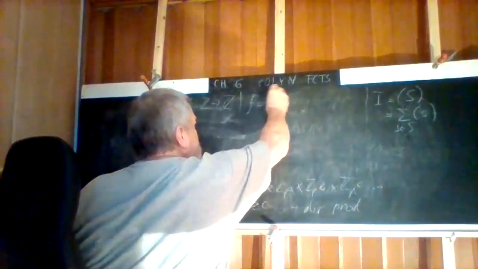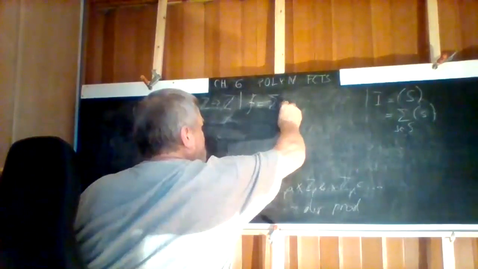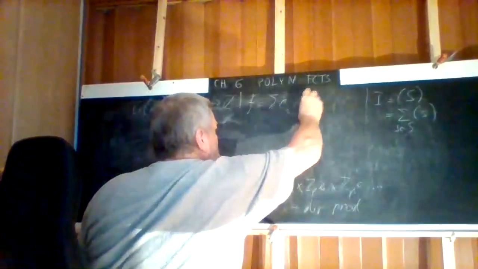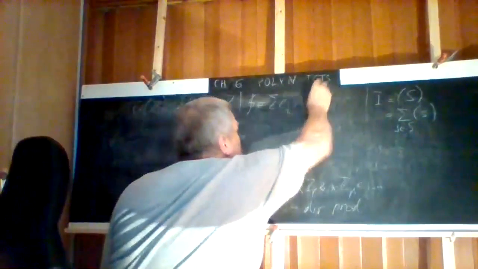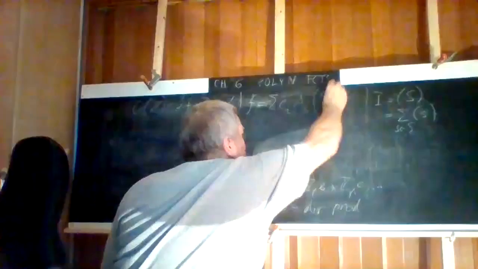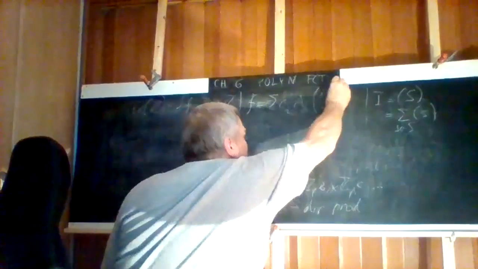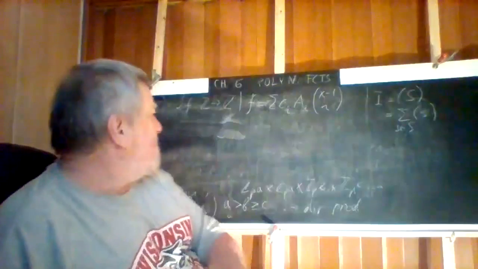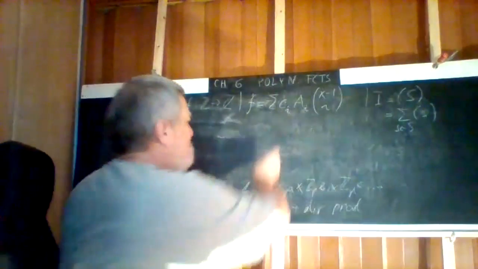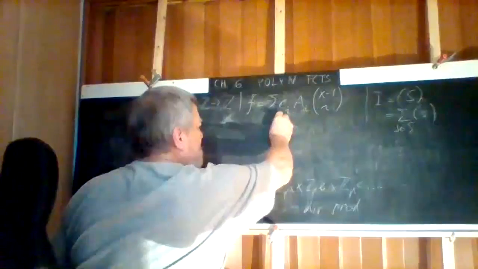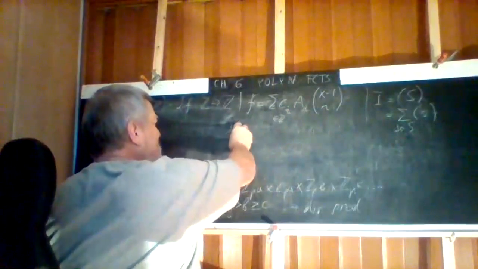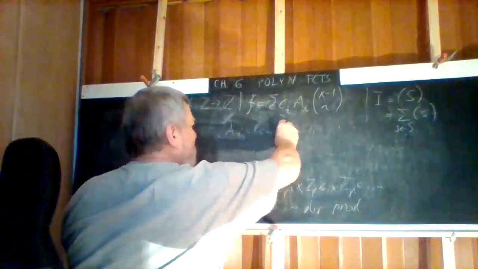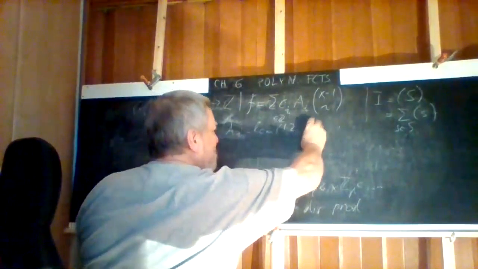They are sums of c_i, a_i times (x minus 1 over i), such that these are integers and the a_i's are just the least common multiple of 1 up to i.